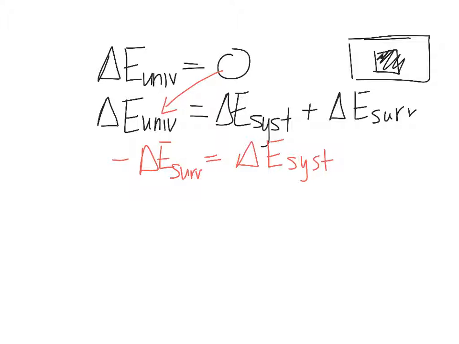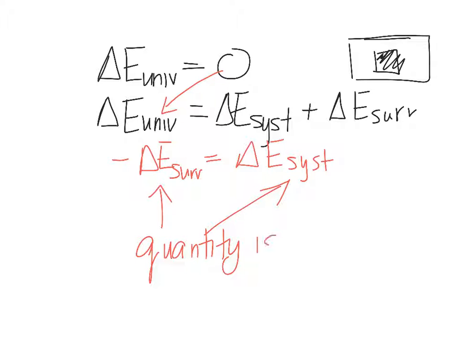So the quantity of energy is the same. The negative sign says one is moving into the other. So it either moves out of the system into the surroundings or from the surroundings into the system.